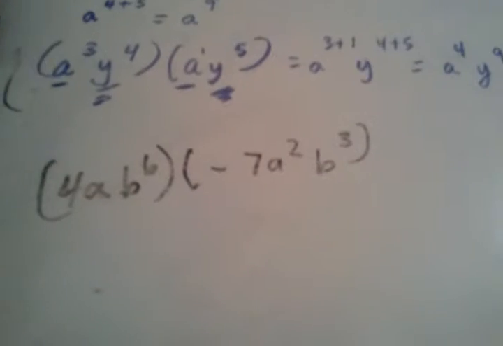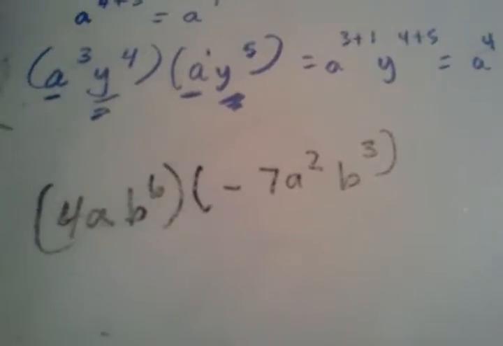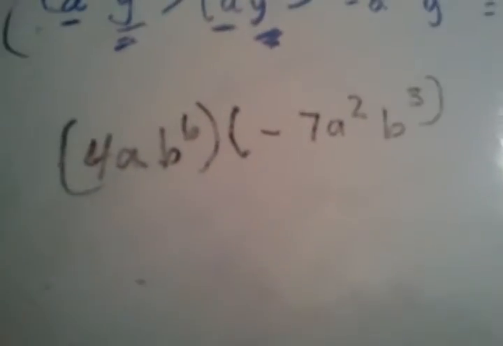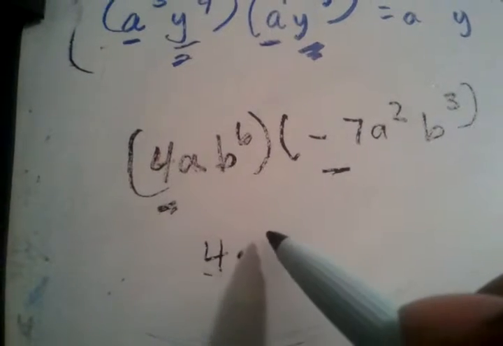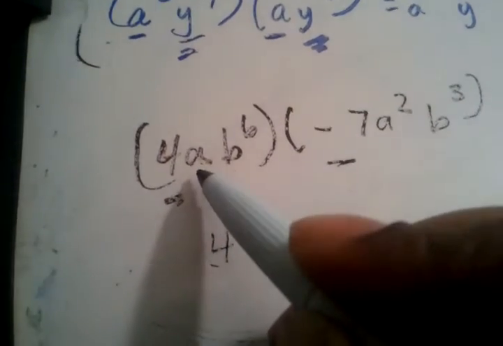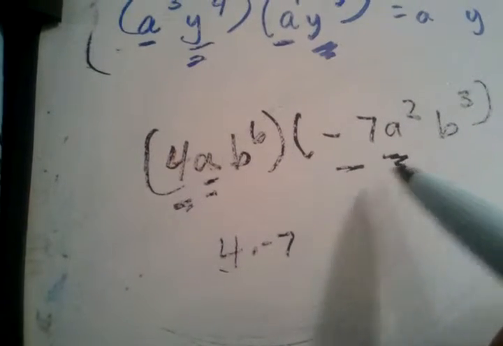Now, if that's a lot going on for you, you can rearrange, because if you remember, multiplication is commutative. So we can multiply this 4 times this negative 7. So I can rearrange it to 4 times negative 7. And then we have the a here and the other a squared here.